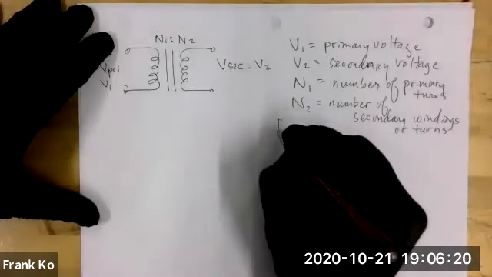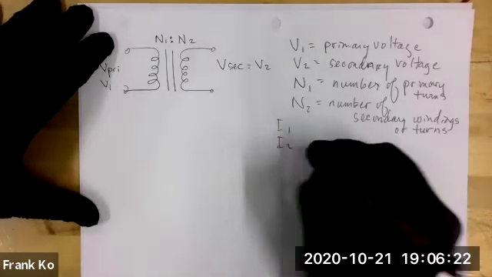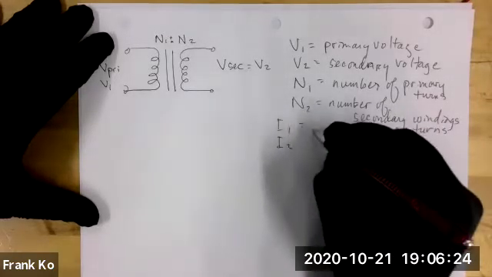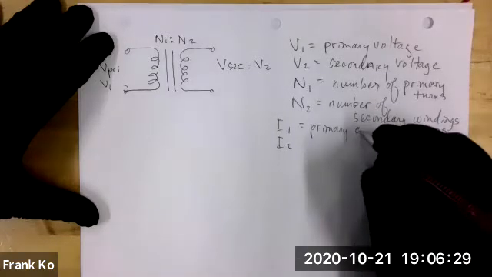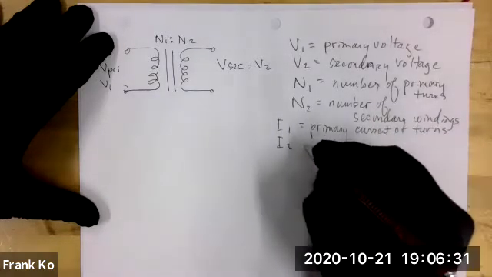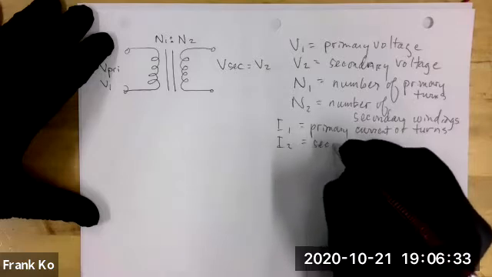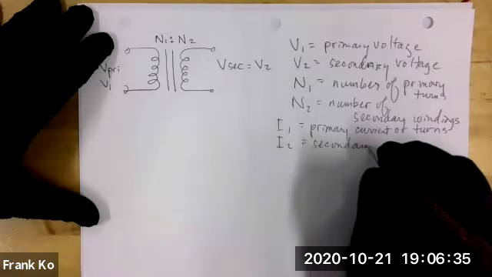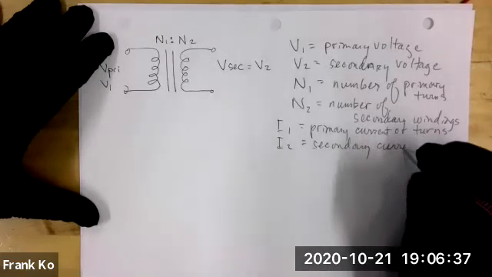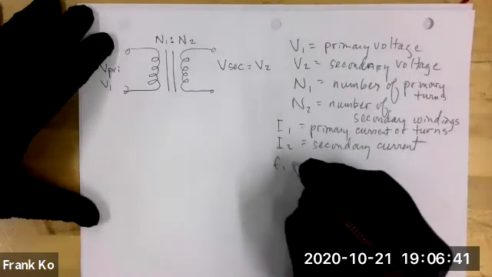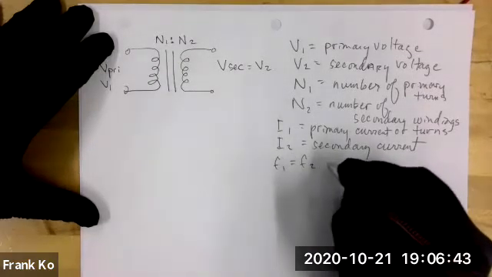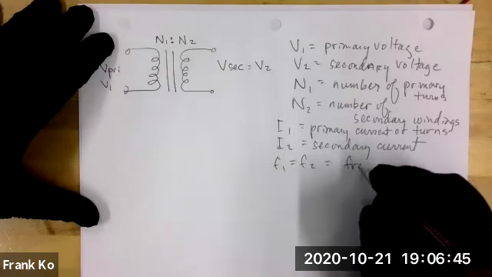Then there's also I1, which is primary current, and I2 would be secondary current. F1 is equal to F2 is equal to frequency.